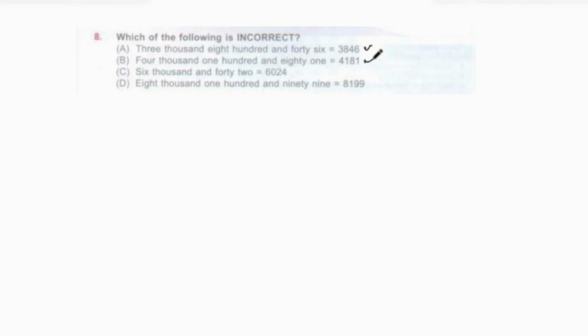Again, the correct answer. Now, option C, 6042. If you see, it's 42, but in the answer, it's 24. This is the wrong answer. So, since we have to find the incorrect option, the answer C is the incorrect option.